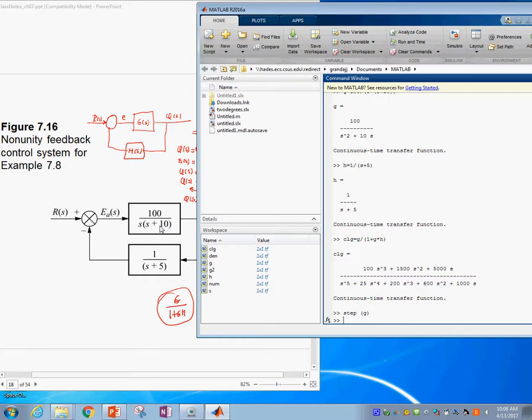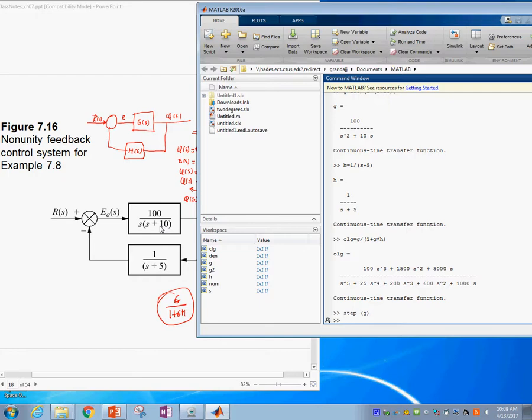I think just for the sake of example, I am going to introduce, let's say, a derivative controller plus a proportional control.